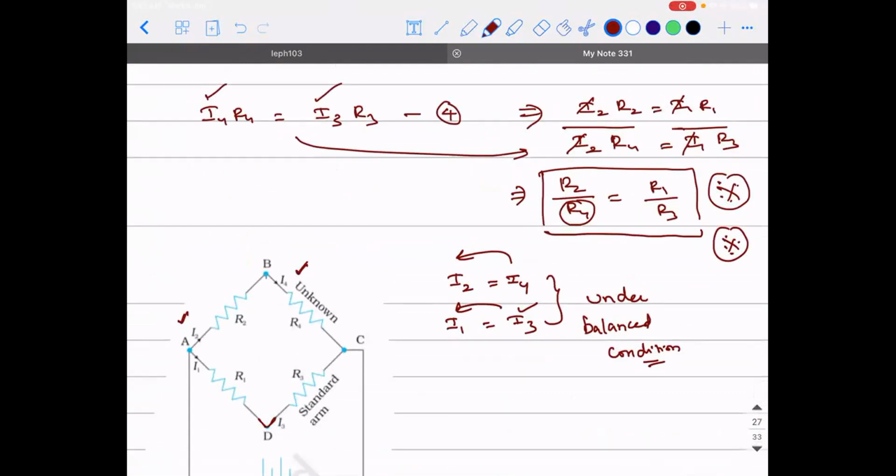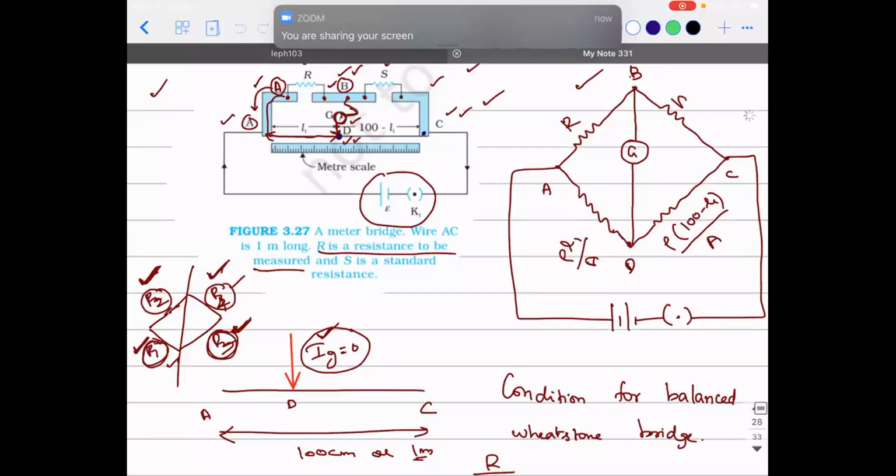See, maybe here you got a different equation. If you're doing a comparison, did you understand what I told?